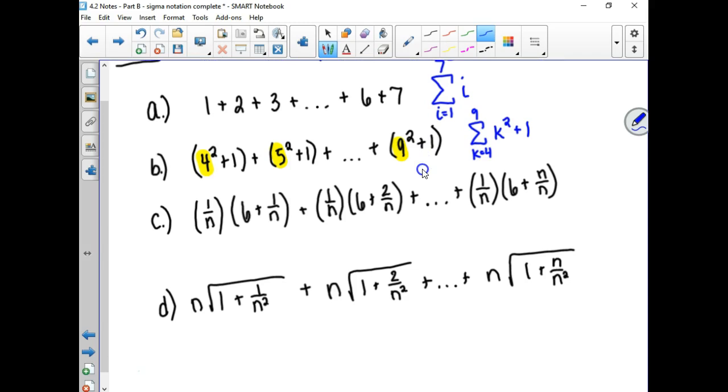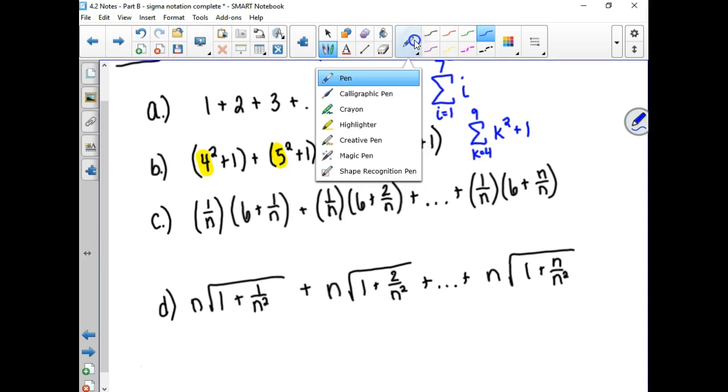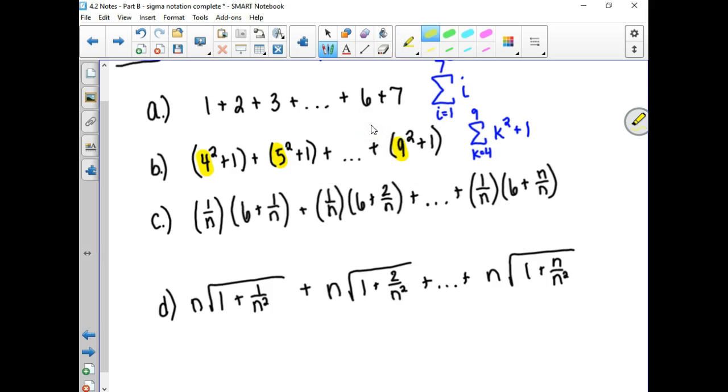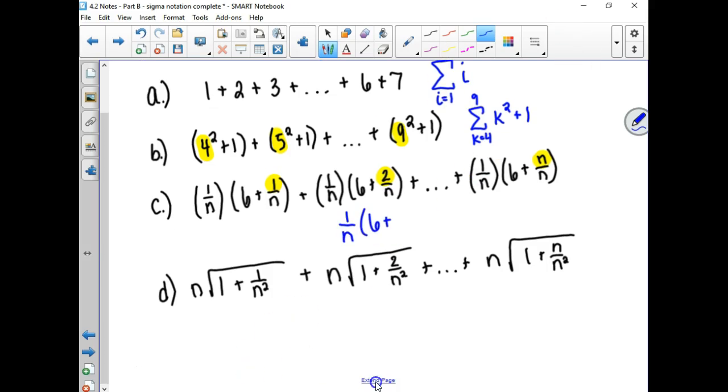Okay. If we look at C, what do you guys see changing? Whatever's over N, 1, 2, to N, right? So basically you're going to take what you've got, 1 over N times 6 plus whatever letter you want to use here.